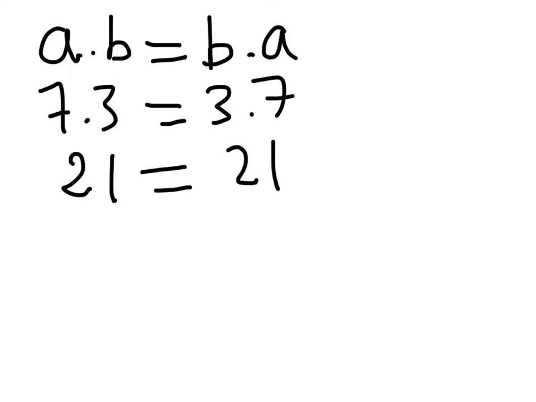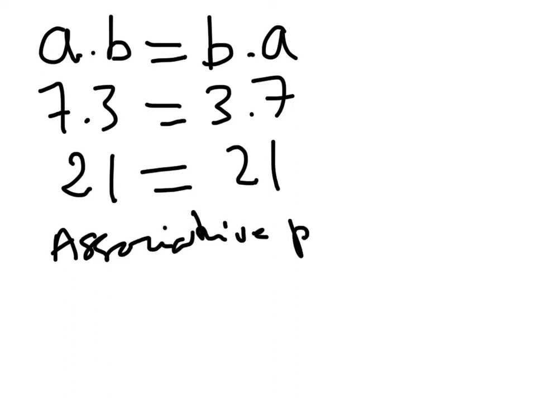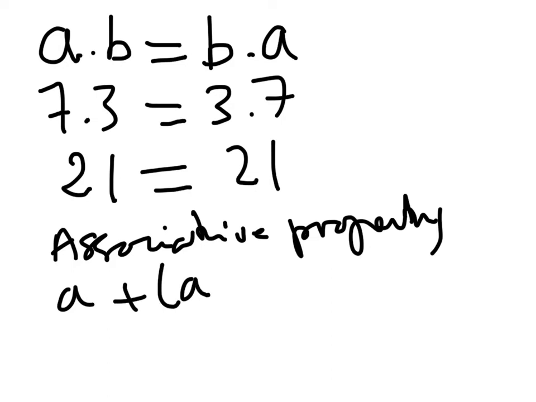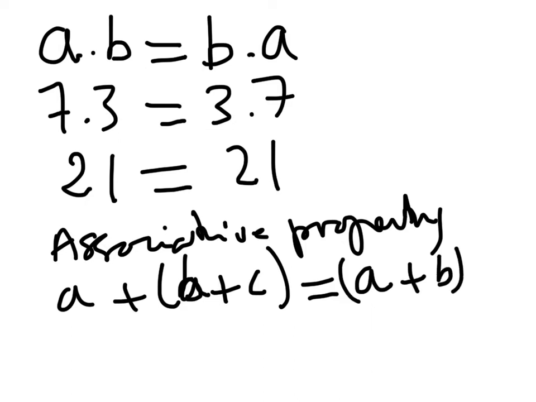Now let's take a look at the associative property. This one tells us that if you have (A plus B) plus C, it is also equal to A plus (B plus C).